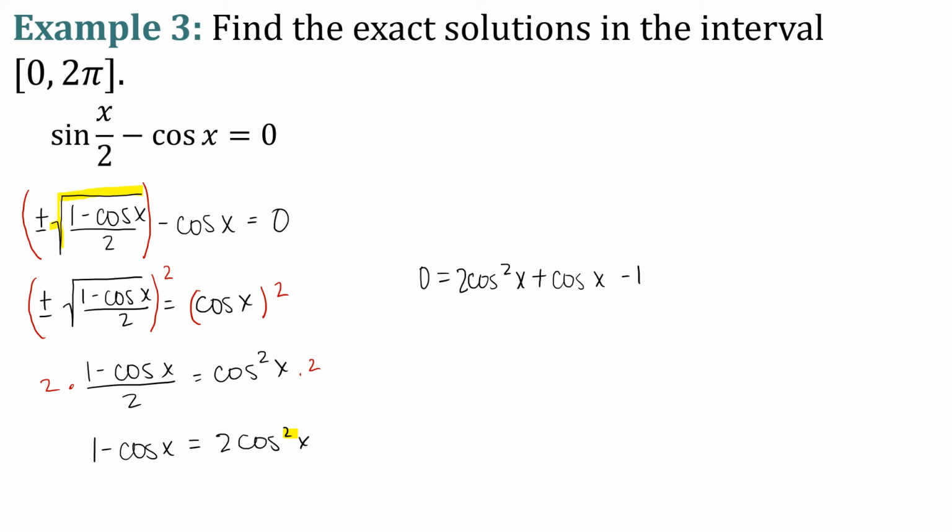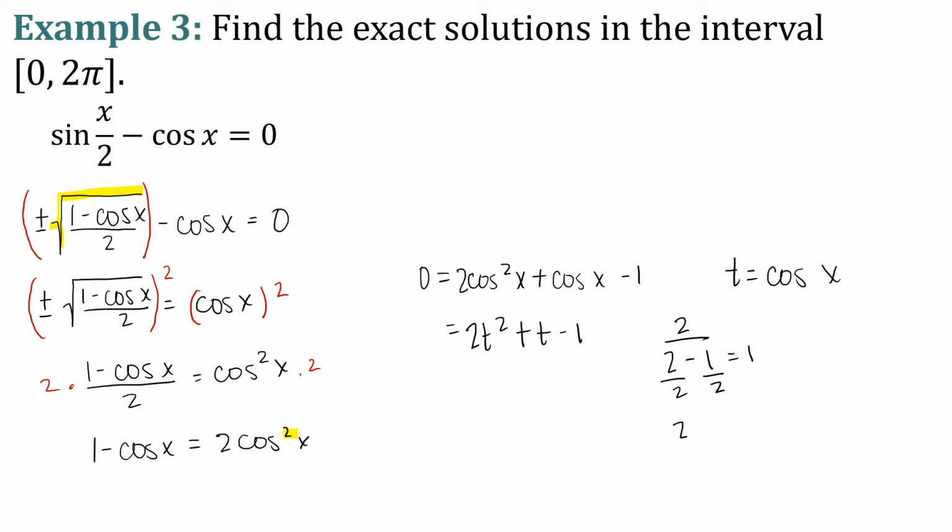I could say, let's pick any letter. Let's just say y. I don't like y. Let's say t equals cosine of x. So now what I see is 2t squared plus t minus 1. Now this looks like a more familiar quadratic. I know that 2 times 1 is 2, and 2 minus 1 equals 1, and I put both of these over 2.